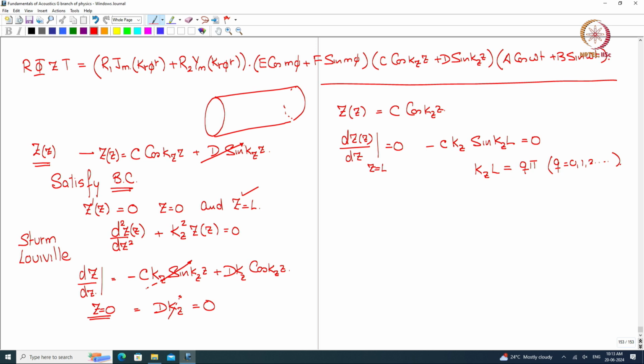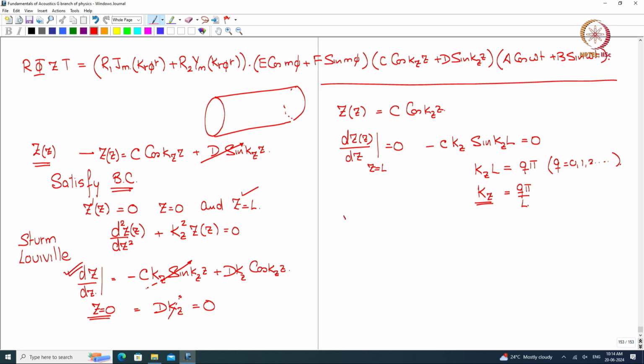Okay, 0 is the trivial case. So now my kz, the wave number, is not one value, it has many values. There are many values of kz which satisfy this boundary condition.